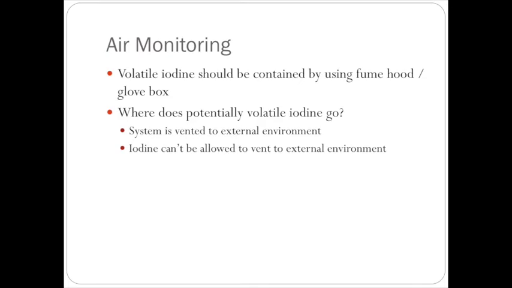So as I mentioned, when we talk about this, where do you put the volatile iodine? Whenever you do radioactive iodine in your pharmacy, there are significant regulatory requirements to make sure that all of this system works well. We've got to do something with volatile iodine, and you can't just pump it back into the environment.